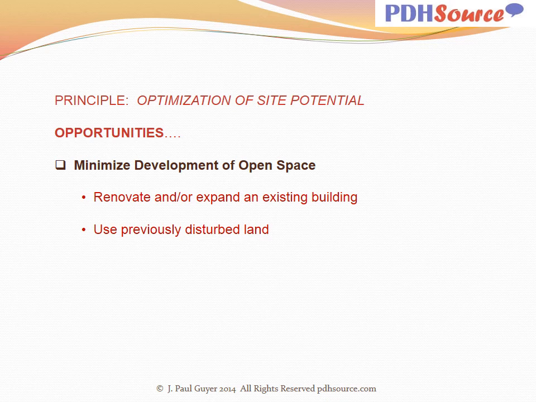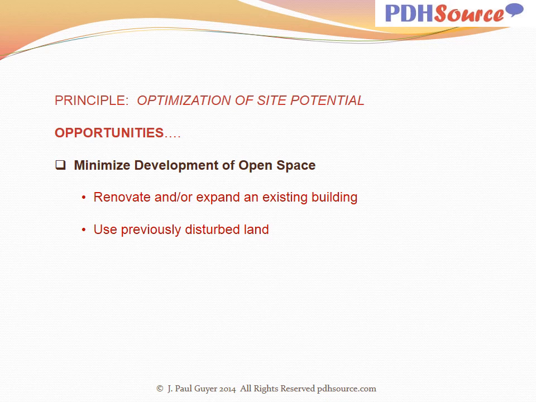There's kind of an underlying principle. It's hard to quantify it, but it's generally recognized as being valid, that the less you disturb the natural environment, the better that will be from the standpoint of the objectives of sustainable design. So, minimize development of open space.